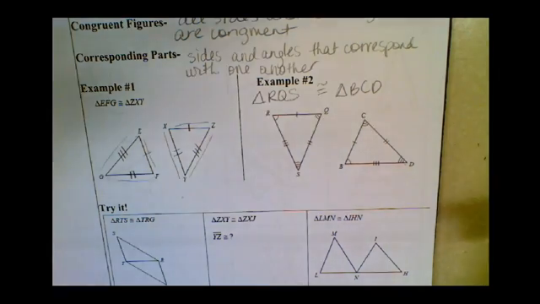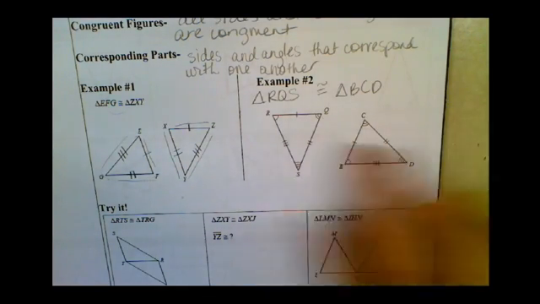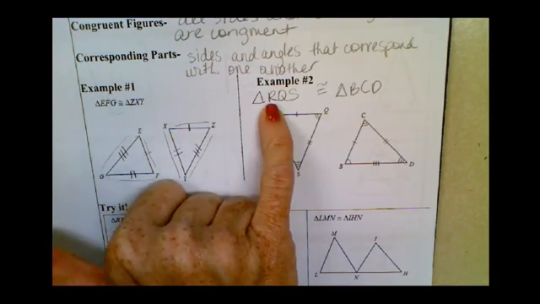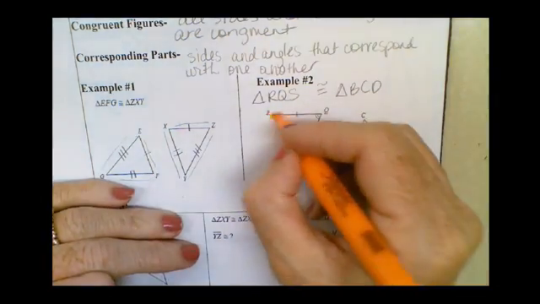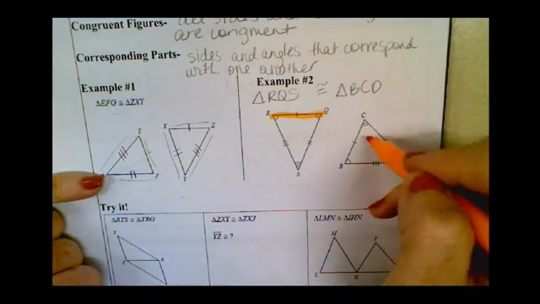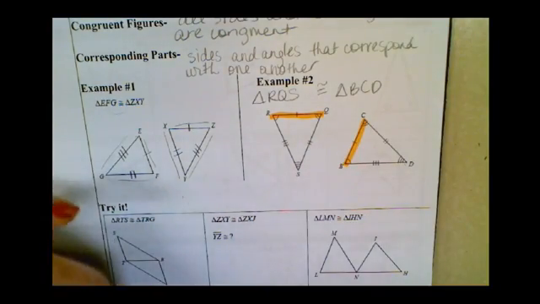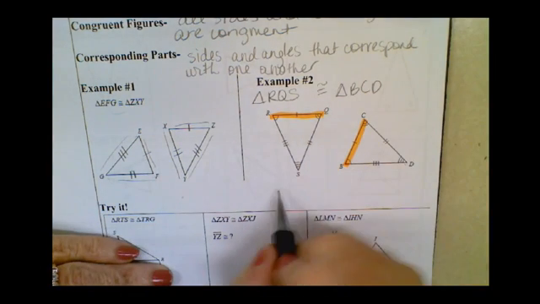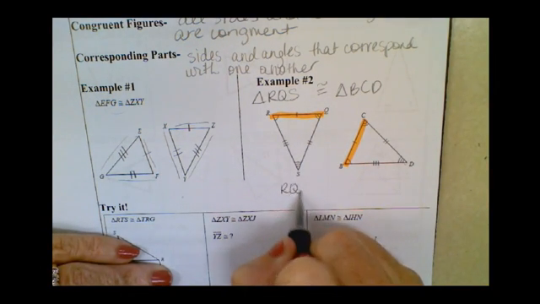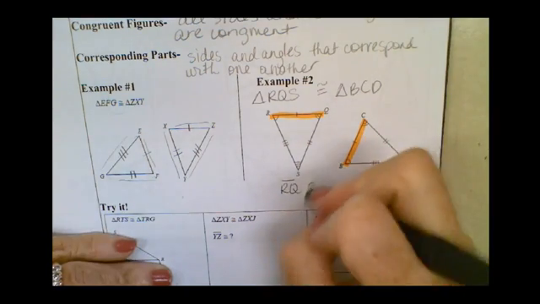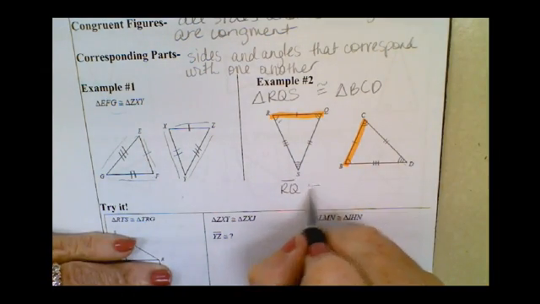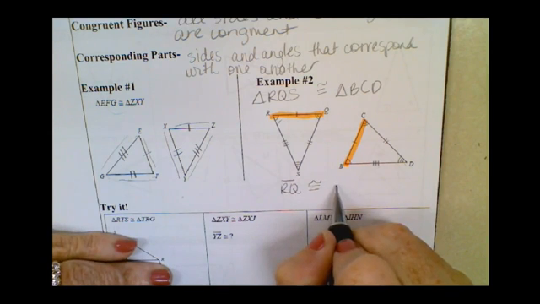Okay. So corresponding parts means which sides go together. Let's look at this one. If I looked at RQ, and this might kind of help, here's our first side, right? And the first side in our corresponding triangle would be that. So I could easily pull just that part out and say that RQ is congruent to BC.